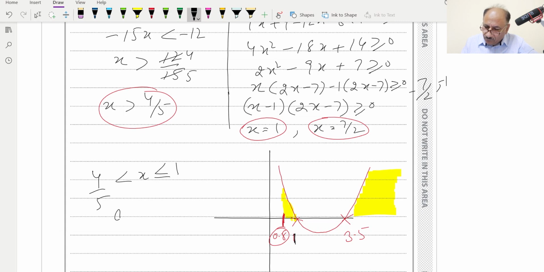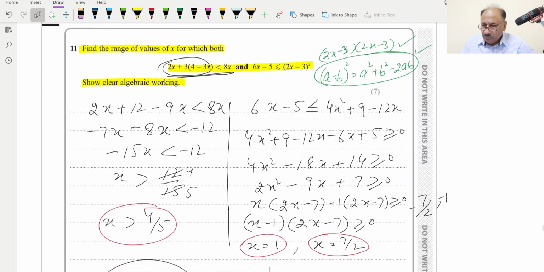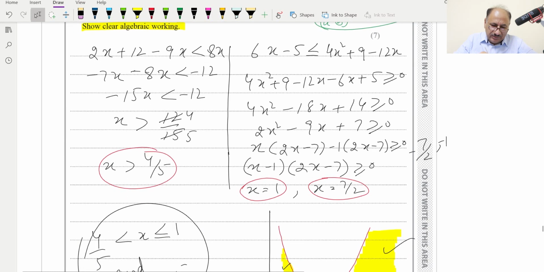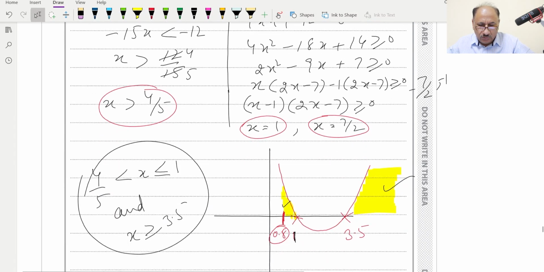And the other range is what? x should be greater than or equal to 3.5, which is this side. So these two shaded parts we have given as the range, and this will be our answer for this part. Hopefully you understood this. This is question number 7. Question number 11, a 7-mark question. This is easier, but you should know the technique of how to solve this question.